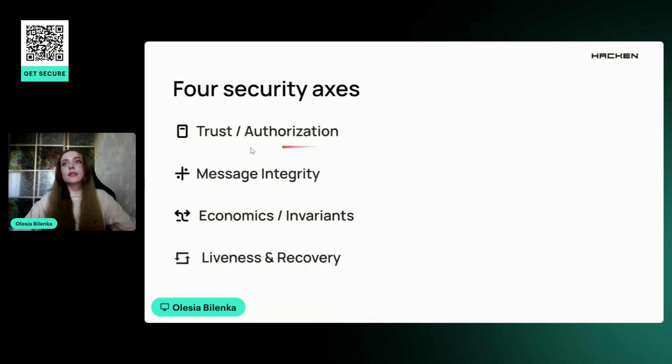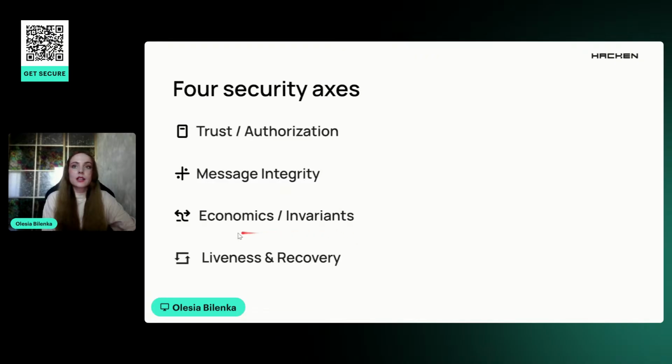The second axis is message integrity. That's about whether the signed message is exactly what gets executed. For example, whether some fields can be modified or whether the message is used in the intended context. The third is economics and invariants. This axis is very often omitted in practice, but it is also fundamental. This is about whether the bridge respects the project tokenomics and invariants.